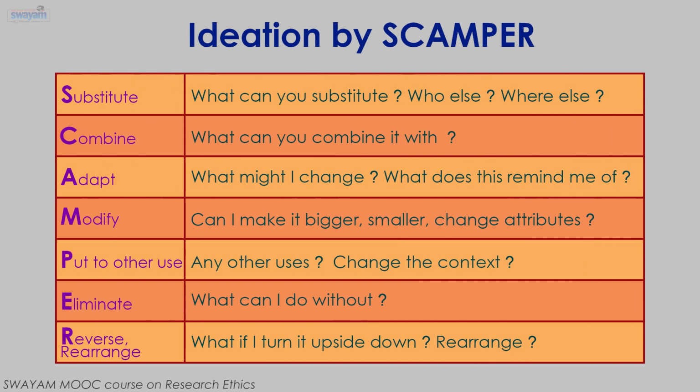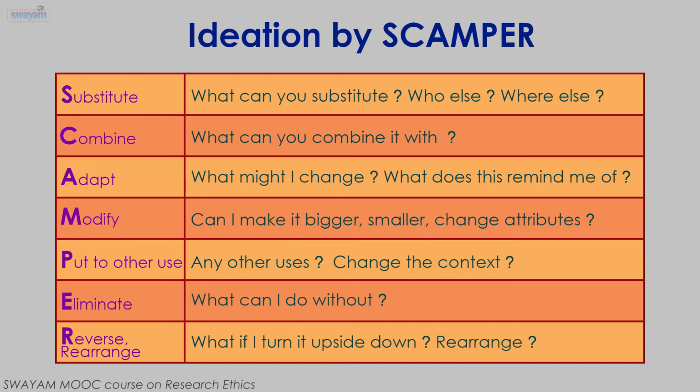Here is one more technique to develop ideas. This is called SCAMPER. SCAMPER is an acronym for the following words: substitute, combine, adapt, modify, put to another use, eliminate, and reverse. So substitute. What can you substitute this with? Who else? Where else? Combine.